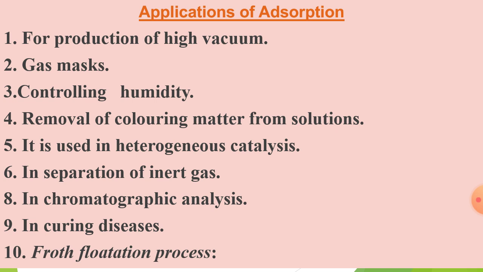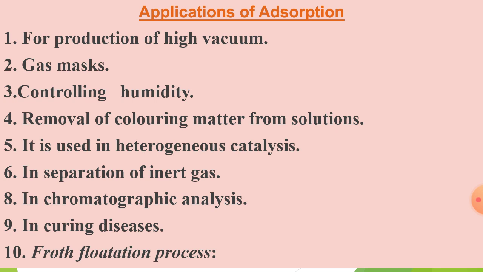Now dear students, fourth application, the removal of coloring matter from the solution. Just like animal charcoal, I have told you about charcoal. Charcoal is the form of carbon that is obtained by limited supply of air. So animal charcoal removes colors from the solution.